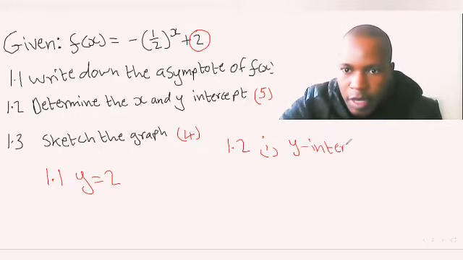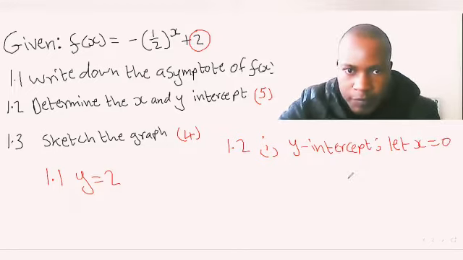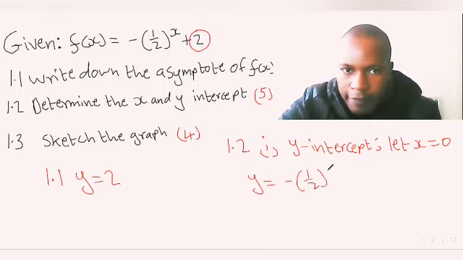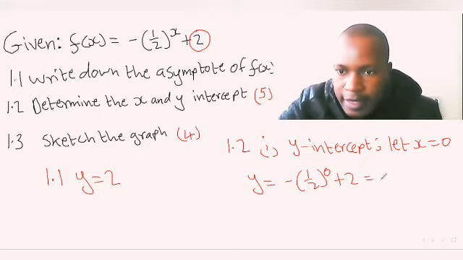The y-intercept will want us to let x equal 0. So y would equal negative a half, where for x we would sub in the 0, plus 2. Remember that anything to the power 0 would just be 1.